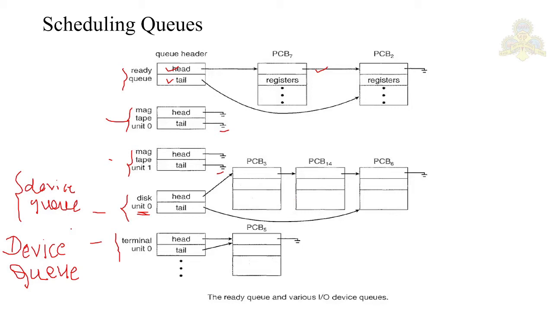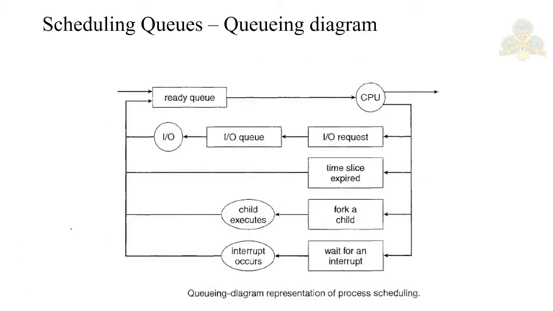Now the common representation of process scheduling is a queuing diagram, and that is here. This is a common representation of your process scheduling. Okay, so in this queuing diagram, these rectangles represent queues that are present, such as your ready queue.